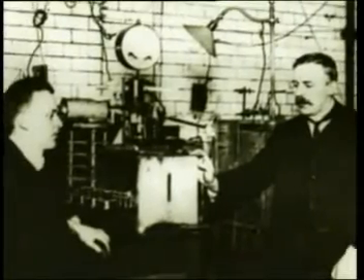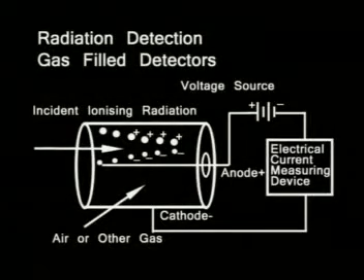Now, radiation has to be measured. We can measure radiation with radiation measuring instruments. And one of the people who invented a radiation measurement instrument called an ionization detector was Geiger and Müller. And I have a diagram that shows how the Geiger-Müller operates.